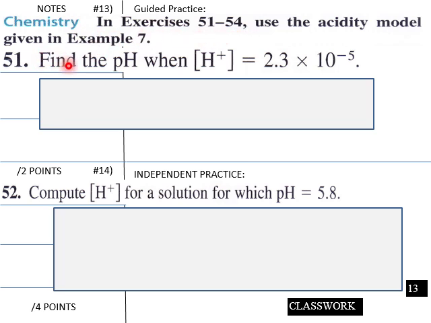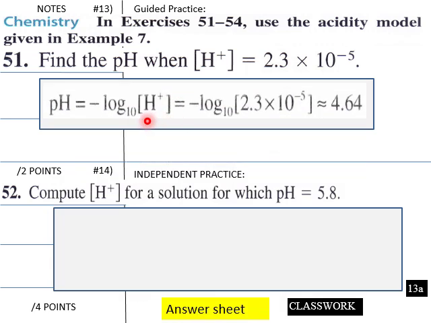Use the acidity model given in example 7. So find pH when H+ equals 2.3 times 10 to the negative 5. We're going to go in reverse on this one. Then compute H+ for a solution in which the pH is 5.8. So let's try this one first up here. Our pH is negative log base 10 of H+, which equals negative log base 10 of 2.3 times 10 to the negative 5.